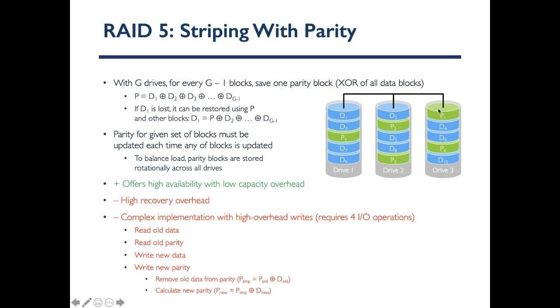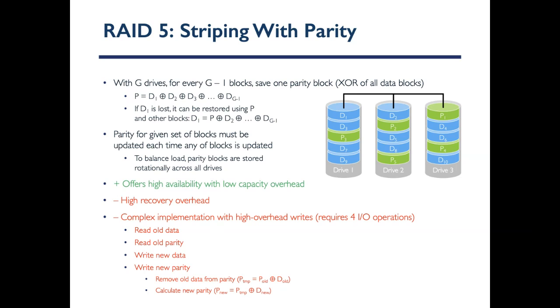So you don't want to have the parity on one drive because, as we will see, every time you make an update on any of these data, you have to also change the parity. So if you keep one drive for your parity, then you keep writing on that drive on every write.